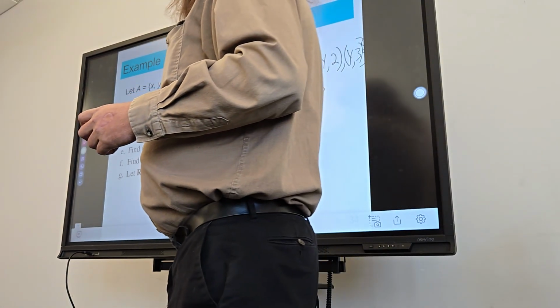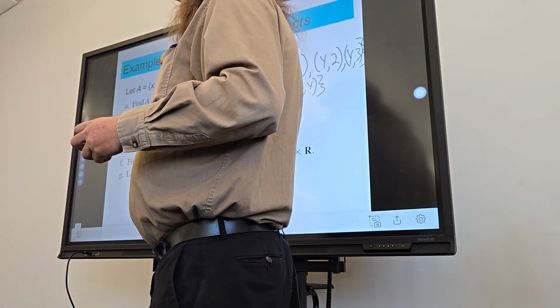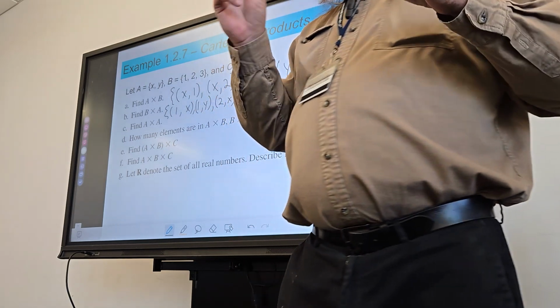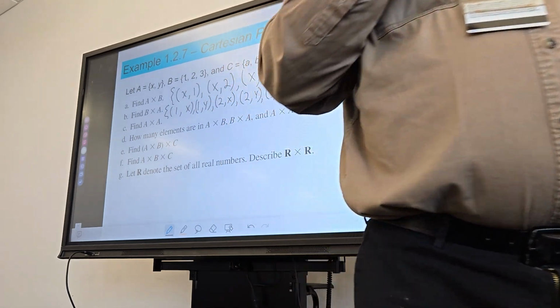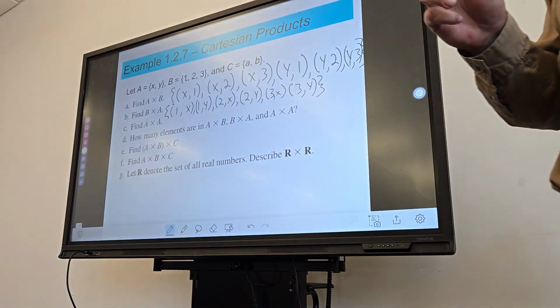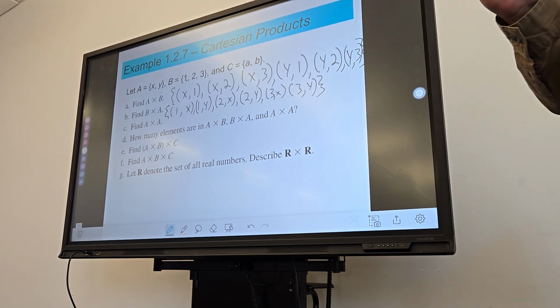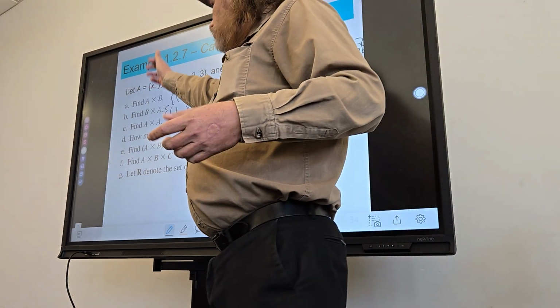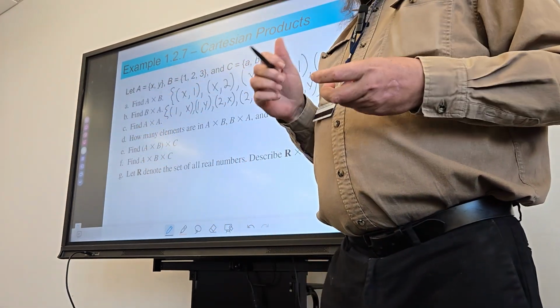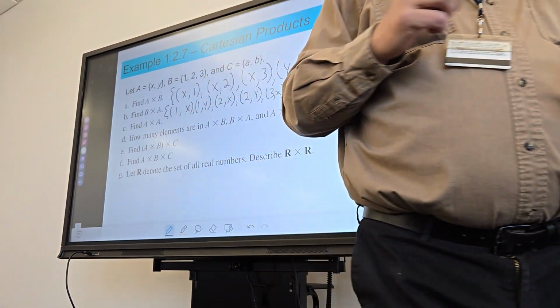Finding A cross product with A, it would be XX, XY, YX, YY. And that would only contain 4 elements because two elements in both sets, 2 times 2 is 4.